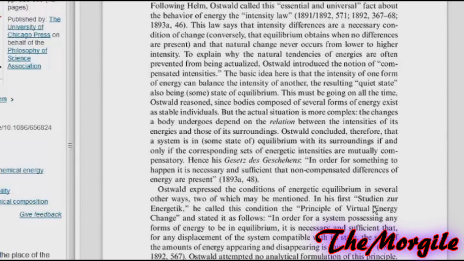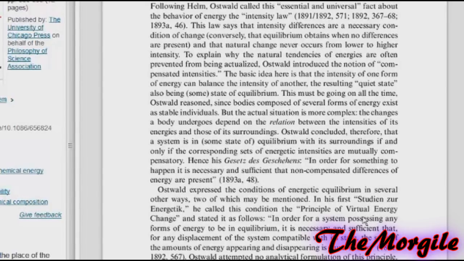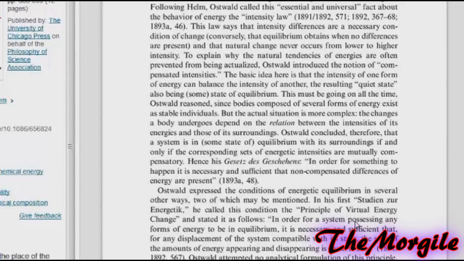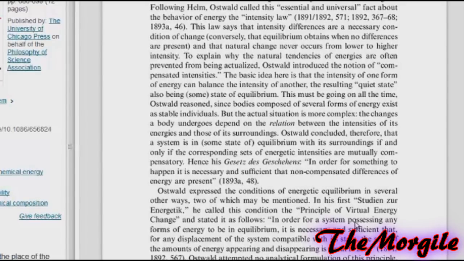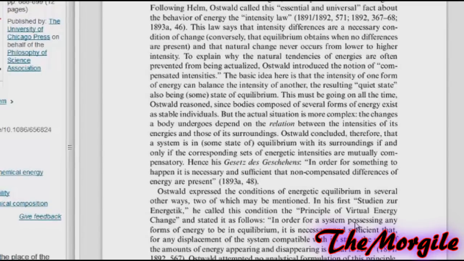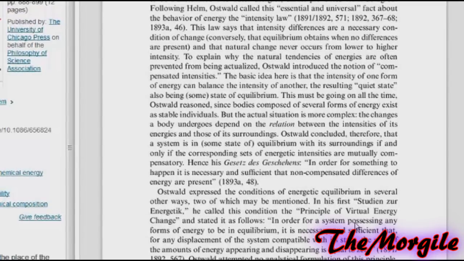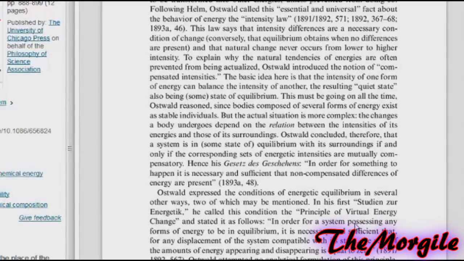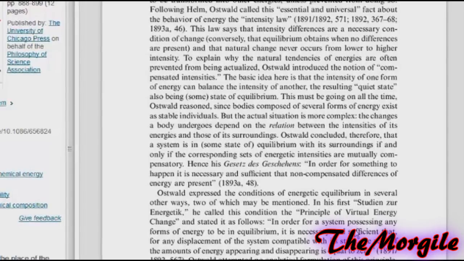Specifically, they are tendencies to pass over to regions of lower intensity or to be transformed into other energies, unless prevented from doing so. Following Helm, Ostwald called this, quote, essential and universal fact about the behavior of energy the intensity law.